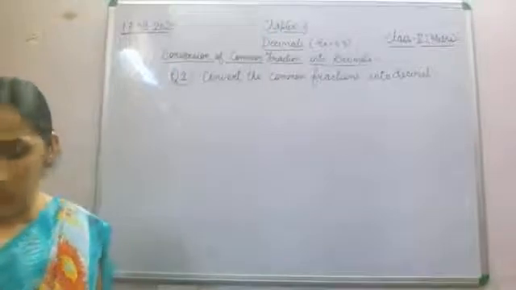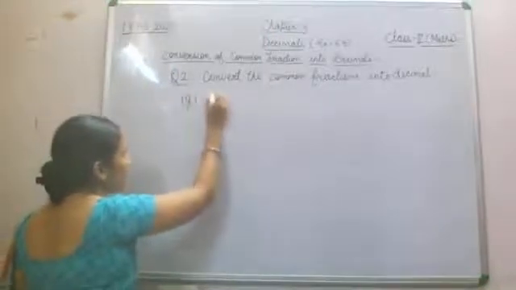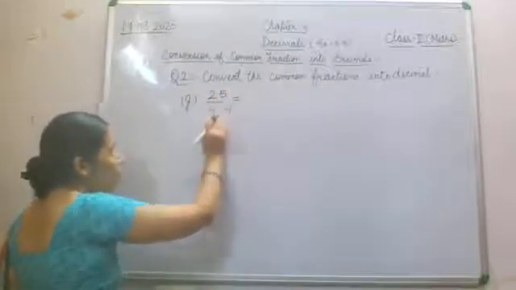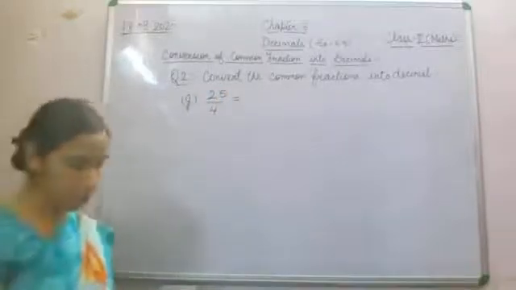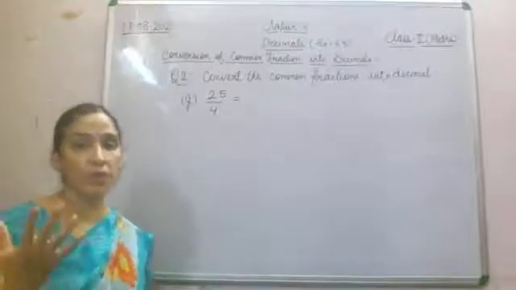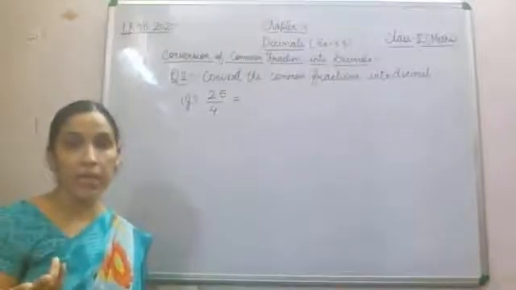So let's start the G part. Now the G part is 25 by 4. Now 4 will be multiplied by which number so that we get 10? No, it's not possible. So we can make it 100.